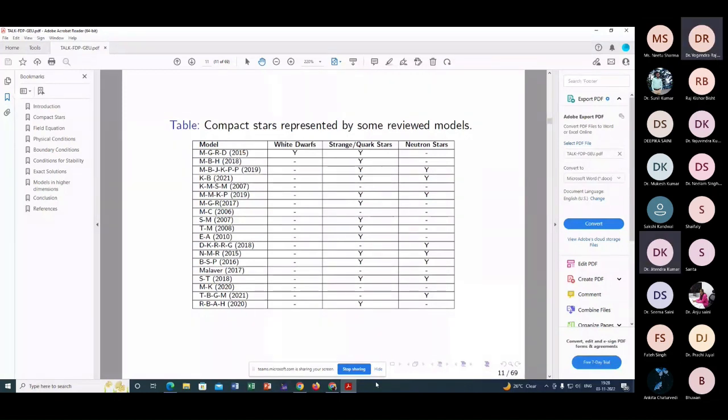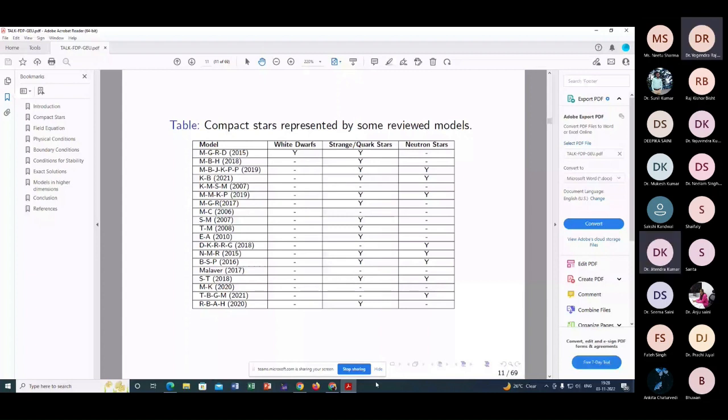And later on, in 2018, some authors established some models, and those models are also capable of representing strange stars and neutron stars. So in that table we have some models. They are capable of representing white dwarf stars, strange stars, or neutron stars, or all of these stars.